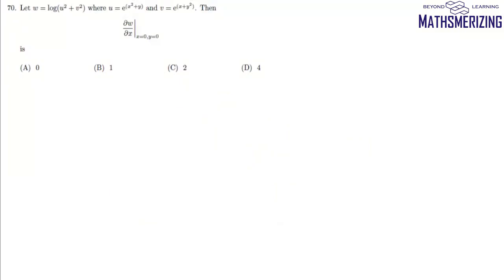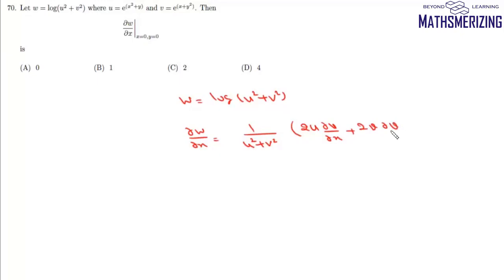Now question number 70 is, let w equal log of u square plus v square, and we need to find the partial derivative of w with respect to x. So del w upon del x will be 1 upon u square plus v square, times 2u del u upon del x plus 2v del v upon del x.